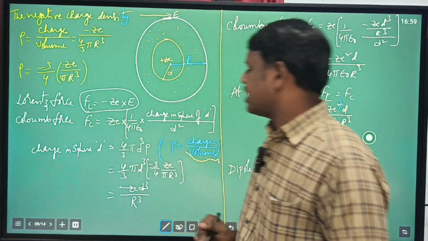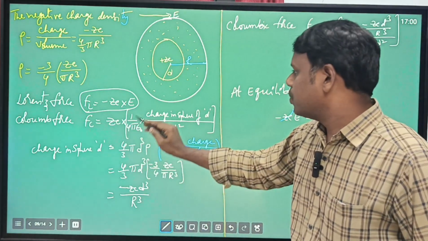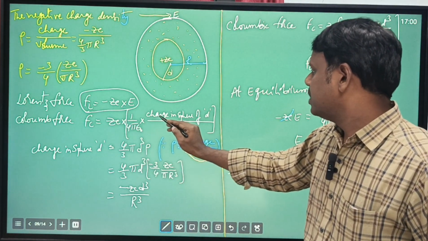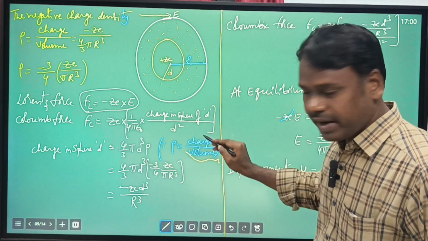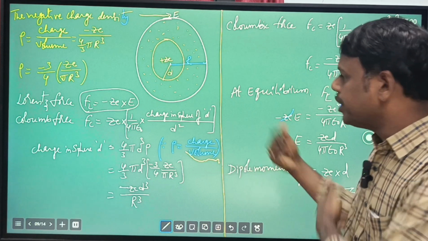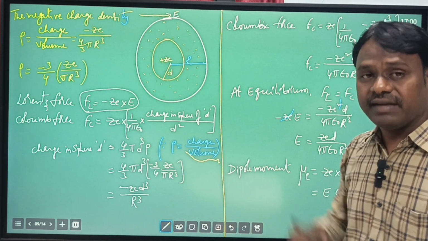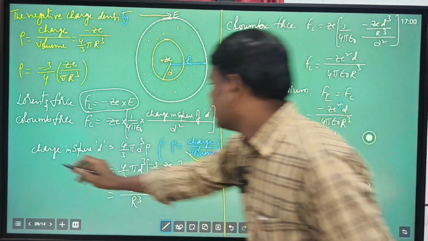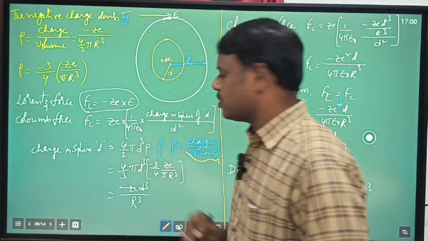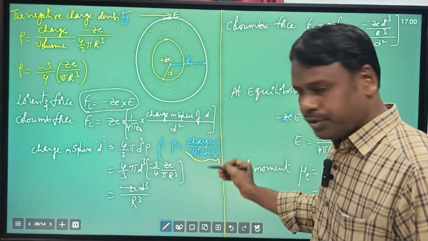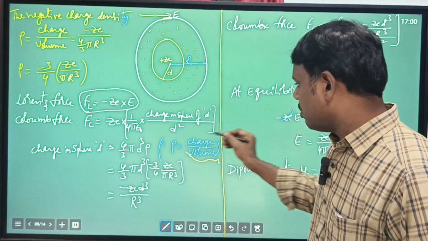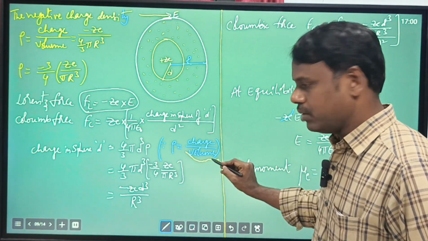So the Coulombic force Fc is equal to Ze into 1 by 4 pi epsilon naught into the charge in the sphere of radius d divided by d square. Now we need to calculate the charge inside the sphere of radius d. We know density is charge per unit volume, so charge is equal to density into volume.